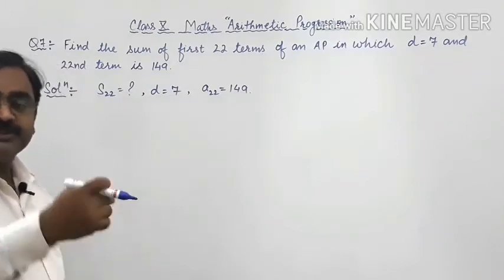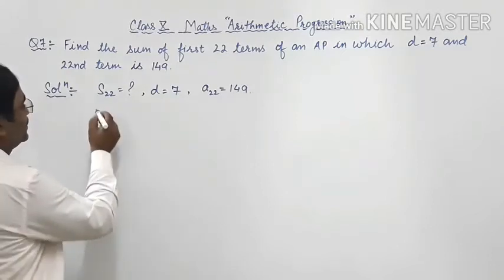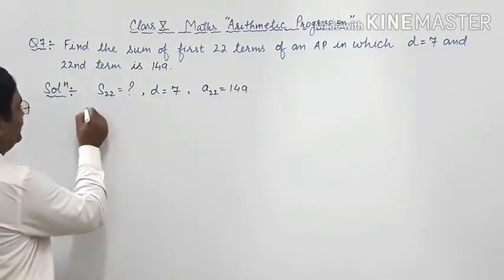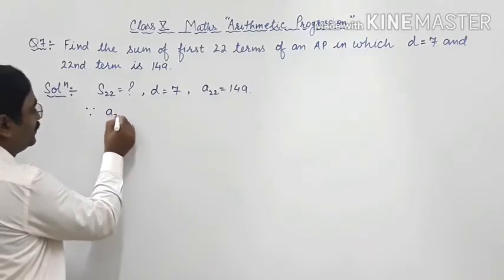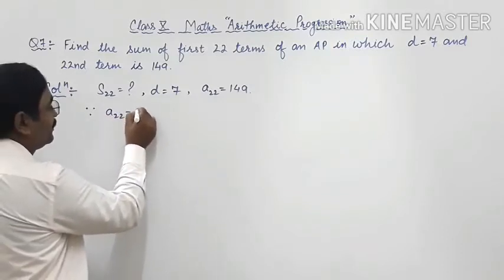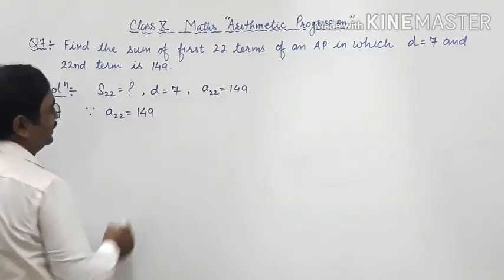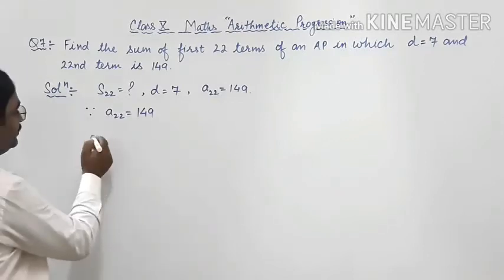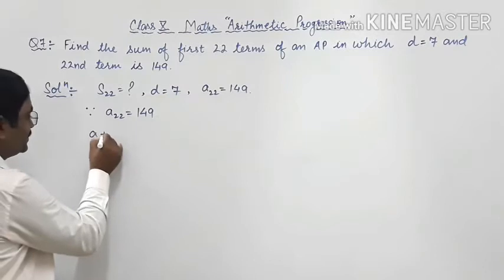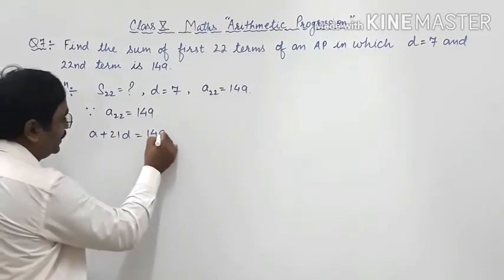So the thing which is given, we have to start from there. Since the 22nd term is given, A22 equals 149, right? So A22 can be written as a plus 21d is equal to 149.